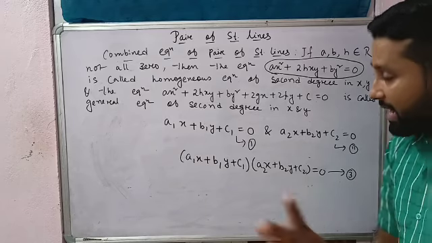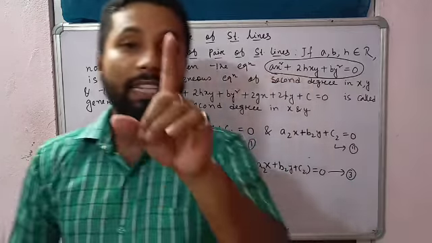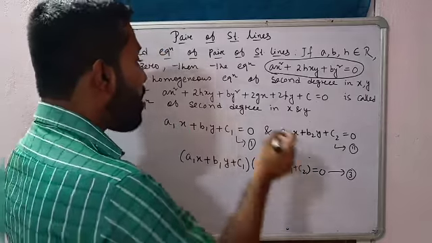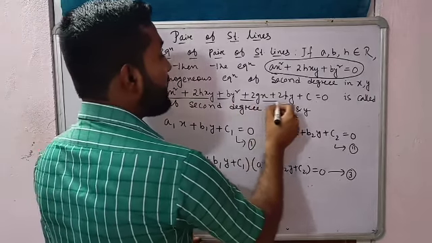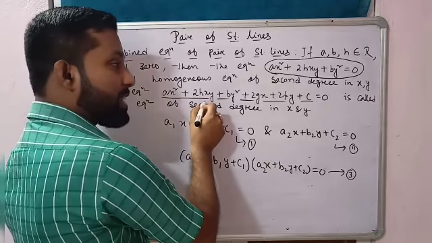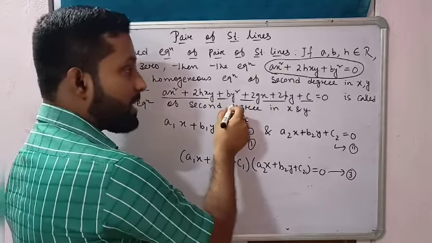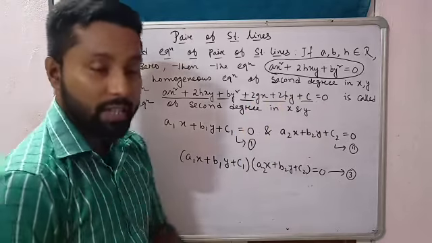So if we expand the third equation, look at the second definition, it can be reduced in the form of ax square plus 2hxy plus by square plus 2gx plus 2fy plus c equal to 0.